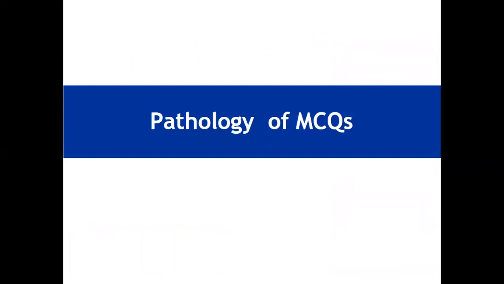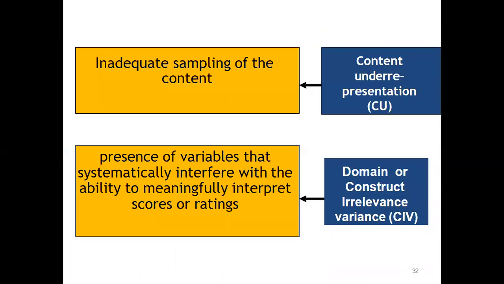So the pathologies of the MCQ: different pathologies may be related to content underrepresentation, or to the domain or construct irrelevance variance. We can simply call these the CU pathology or the CIV pathology.